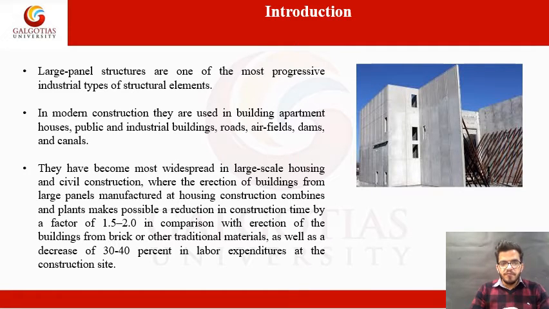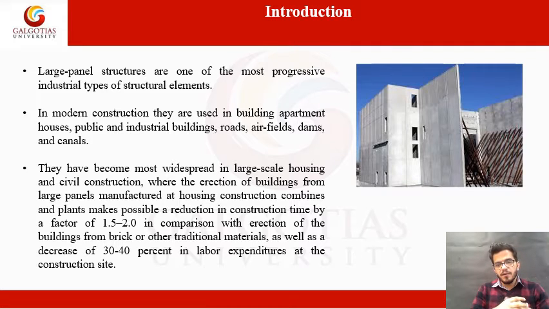They have become very widespread in large-scale housing and civil construction, where the erection of buildings from large panels manufactured at housing construction combines and plants makes possible a reduction of construction time by a factor of 1.5 to 2 in comparison with the erection of buildings from bricks and other traditional materials or methods.